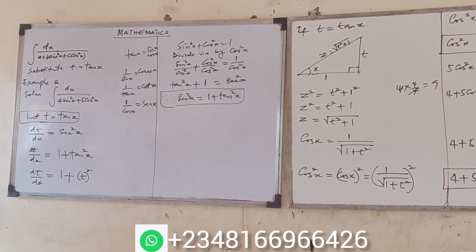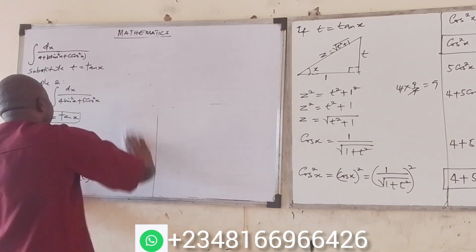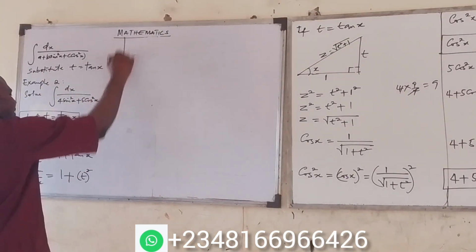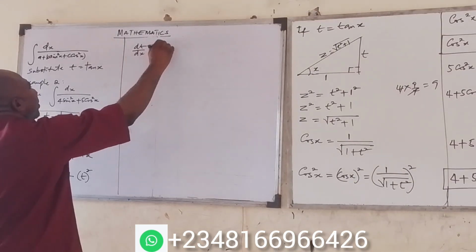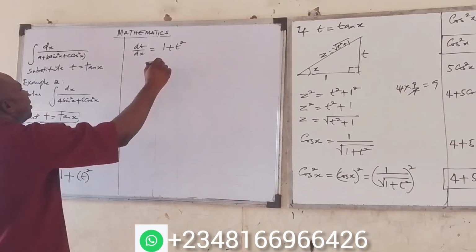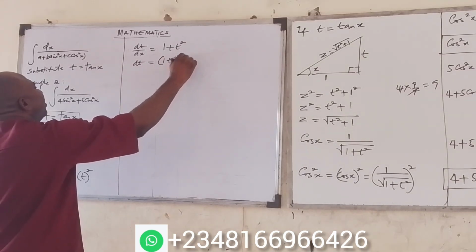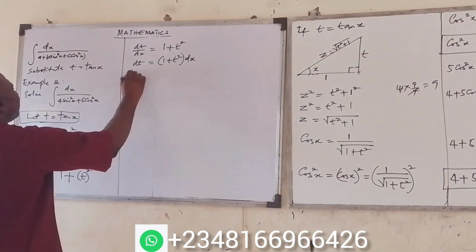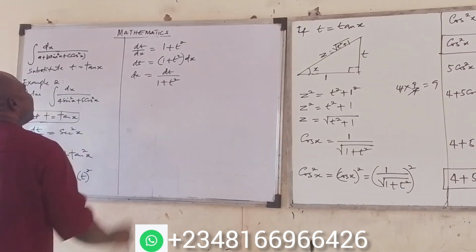Dt over dx will be equal to 1 plus t squared. When you cross multiply, it gives dt equals 1 plus t squared dx. Making dx the subject, dx will be equal to dt over 1 plus t squared. So that's our dx.